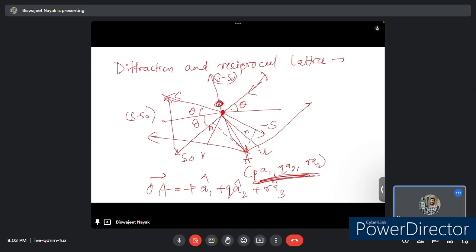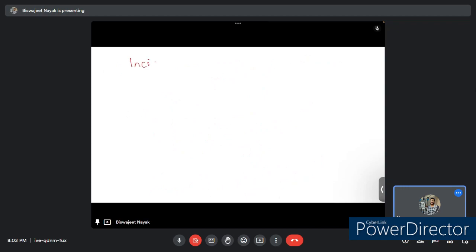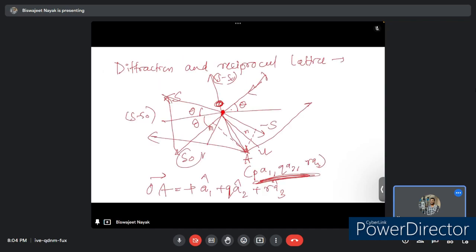This incident beam is given by S0, and the diffracted beam is given by S. And here, S, S0 and these 3 points may not be in the same plane. They might be in different planes.